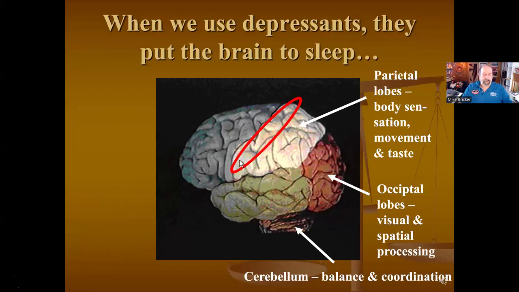The third one, and here's an interesting piece of information. This sensory motor strip, we talked about this a little bit before. Did you ever wonder why 0.08 became the legal standard for intoxicated driving?